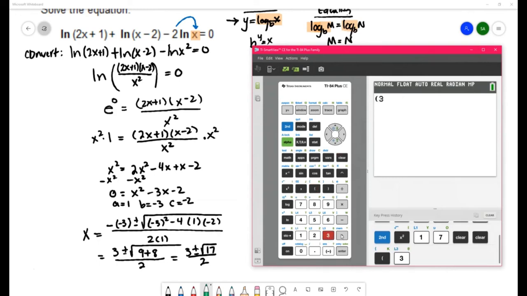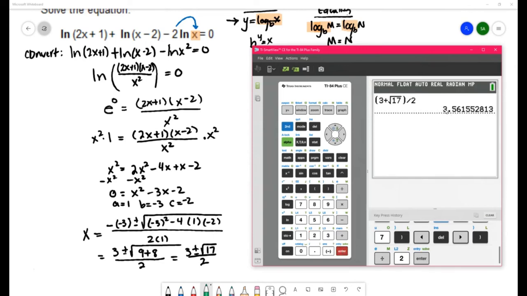Parentheses, 3 plus square root of 17, divided by 2. All right, so this gives me about 3.5.